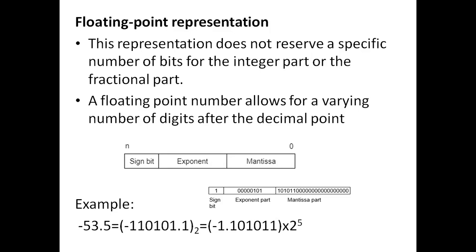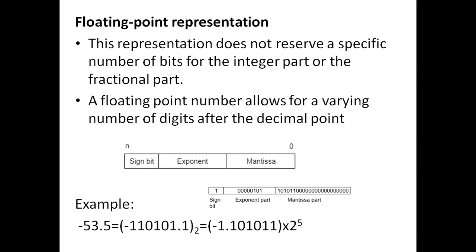I will explain with an example, minus 53.5. Minus 53.5 is a negative number, so the sign bit value is 1. The floating point value 53.5 is converted to a binary number. The equivalent binary value is 110101.1.